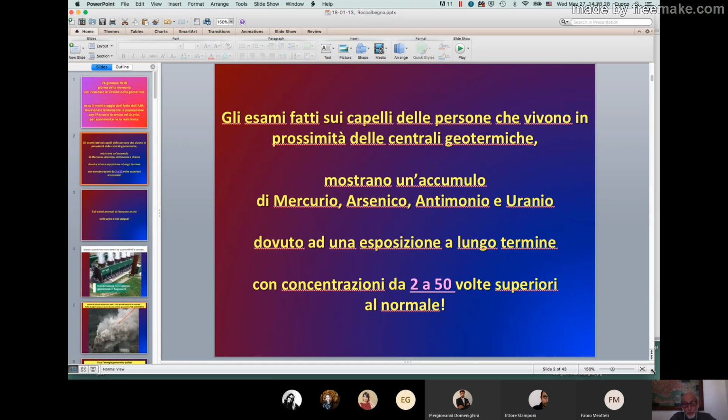And the reason is probably because they breathe these fine particle emissions from the geothermal power plants. Some of these pollutants, mercury, arsenic, antimony, uranium, also thallium, are from 2 to 50 times more than normal.